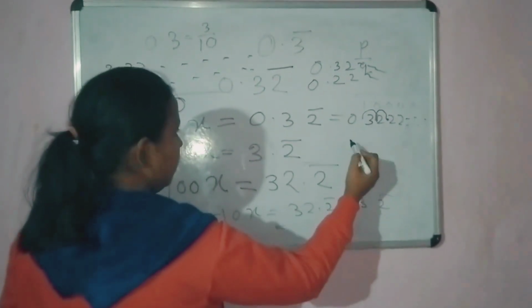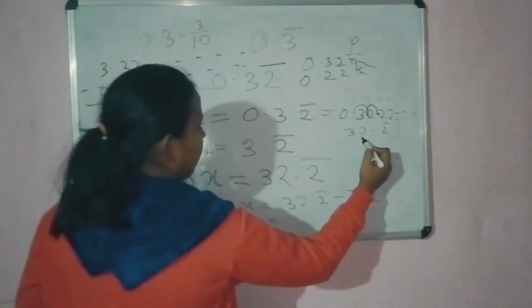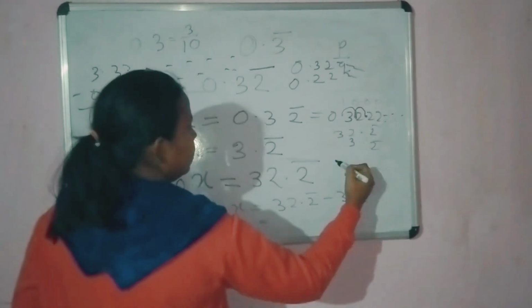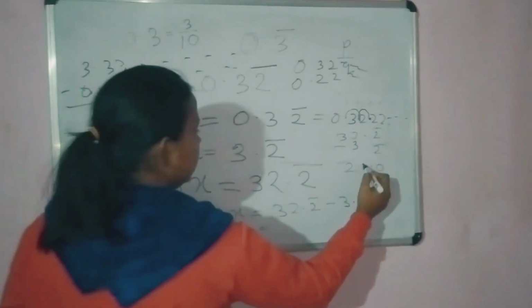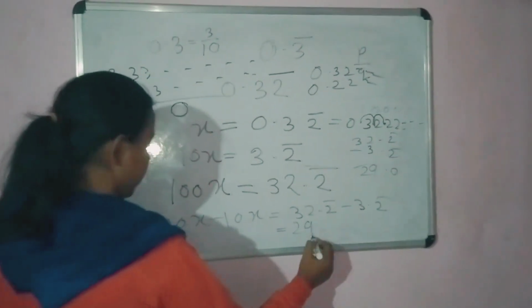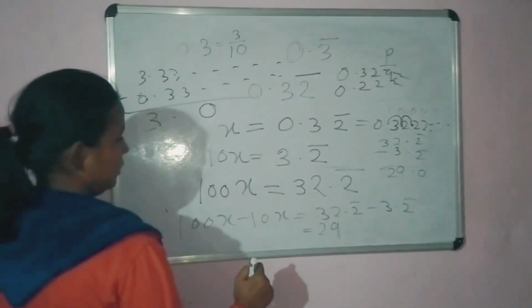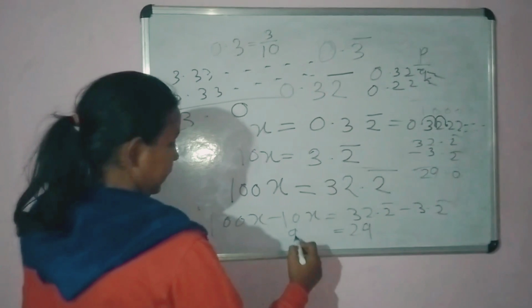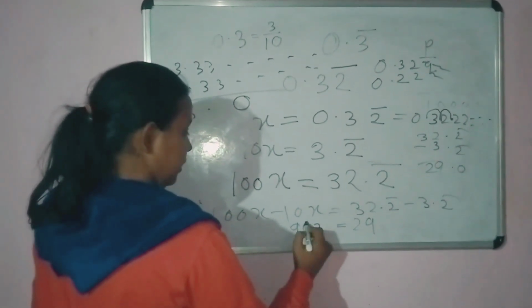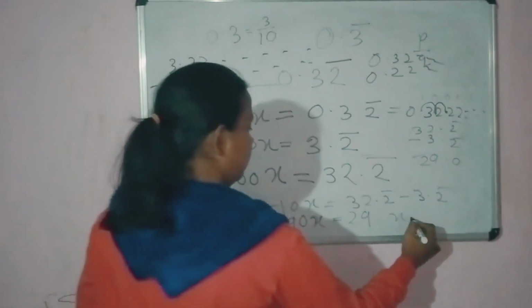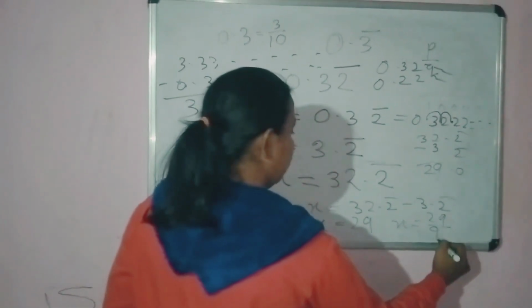So 2 bar minus 2 bar will be 0, and 32 minus 3 is 29. So it is 29, and 100x minus 10x is 90x. So x will be 29 by 90.